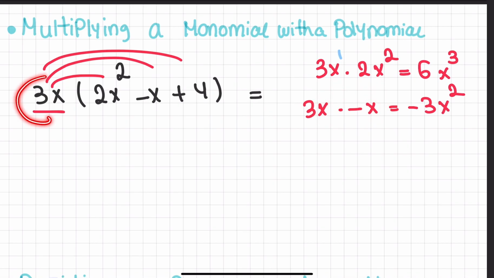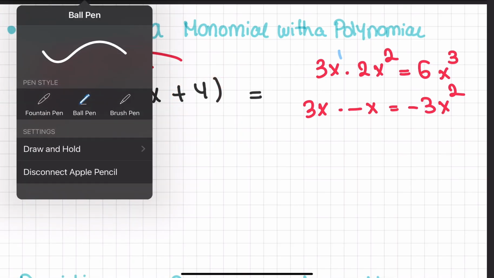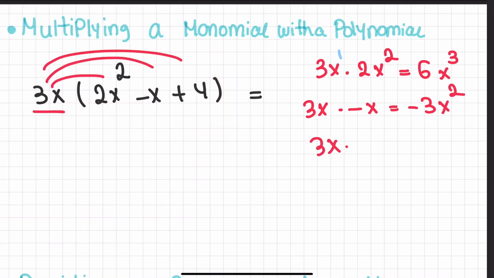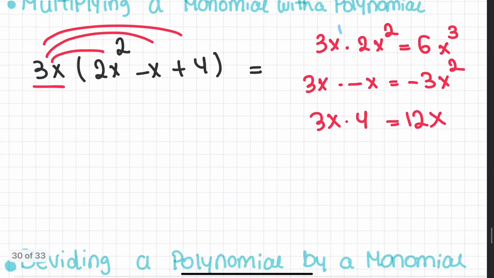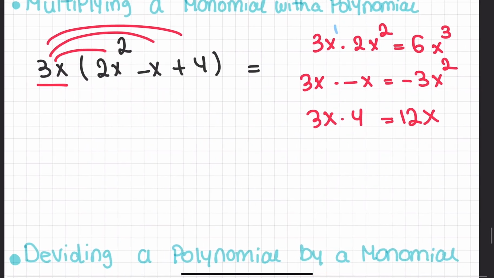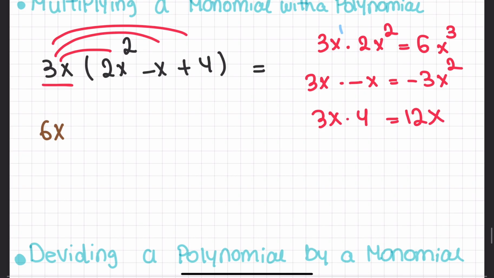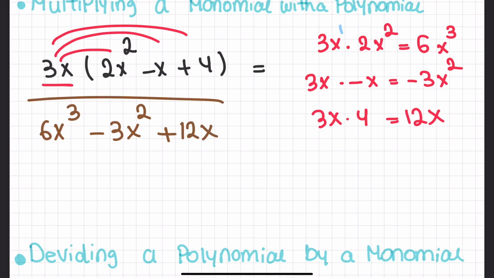Then I have 3x times 4. Numbers with each other, 3 times 4 is 12. And then here I have x. So the final answer is 6x to the power of 3 minus 3x squared plus 12x. And this is our answer here.